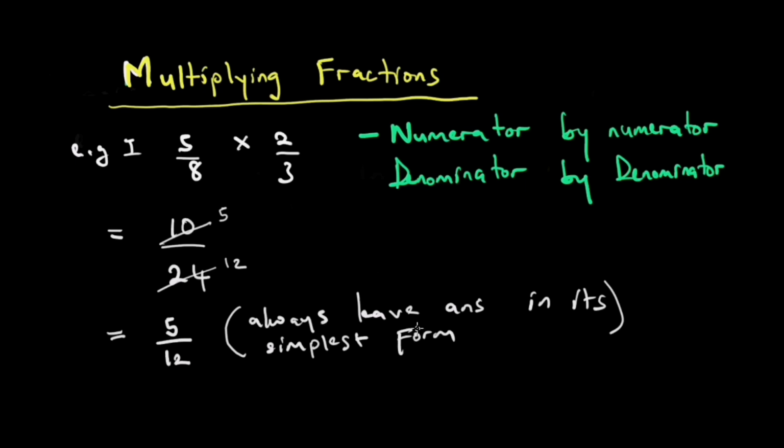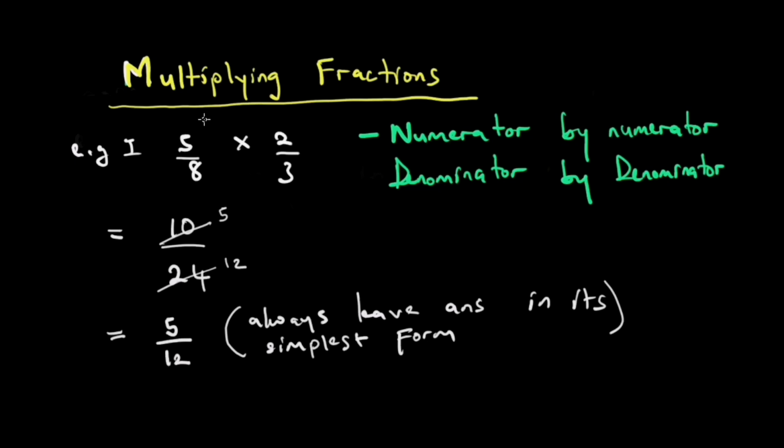You should always leave your answer in its simplest form. If your answer comes out as 10 over 24, convert it to its simplest form by dividing both the numerator and the denominator by the same factor. So our answer comes out as 5 over 12.